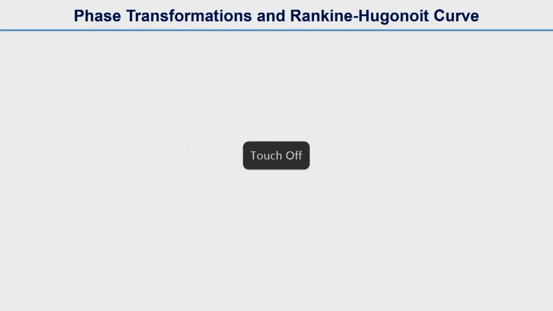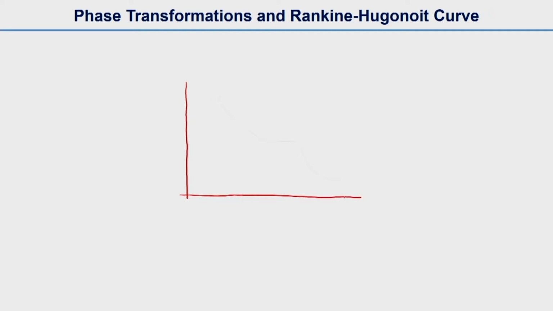So we will see a first order transformation with a PV isotherm, pressure volume isotherm, that means at constant temperature. So we have volume V on the x-axis and pressure P on the y-axis.